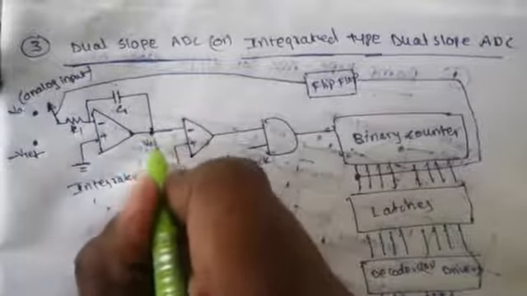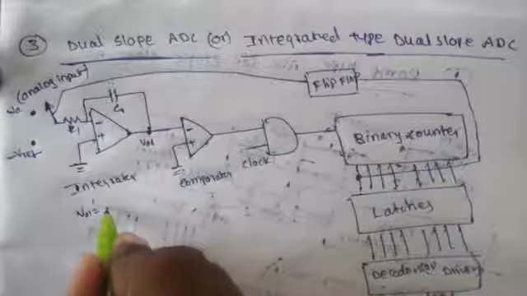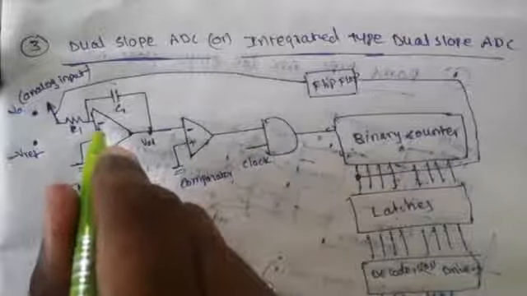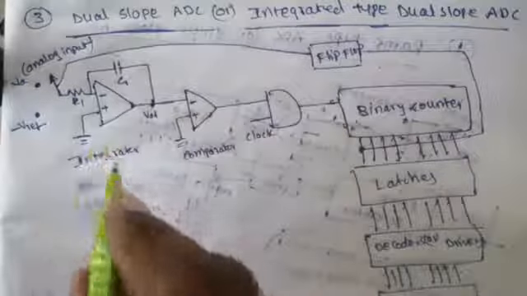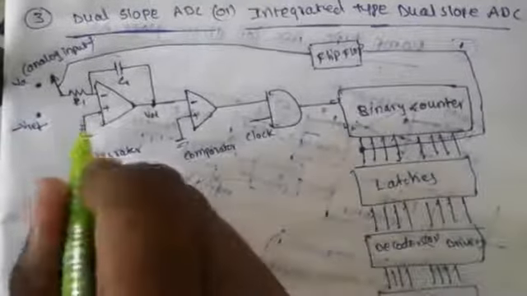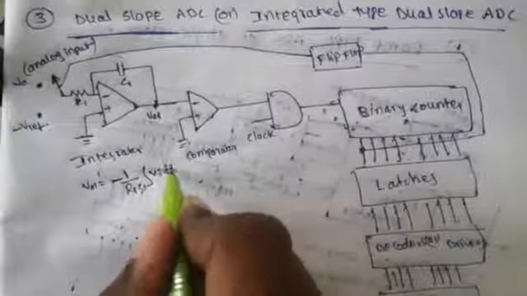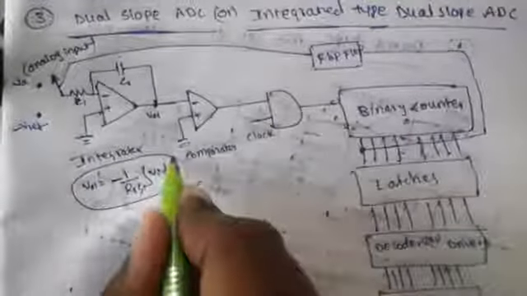This output we will call V01. What is V01? V01 is equal, here it will be connected to the inverting operational amplifier, so minus 1 by R1 into C1, integral Vi into dt. This is the integrator function.